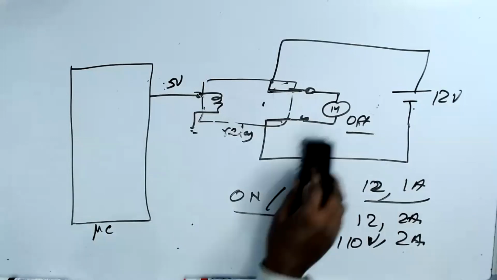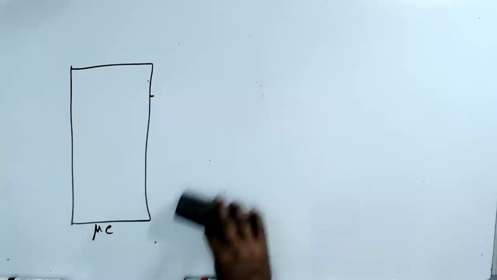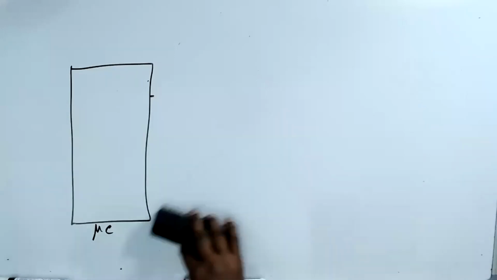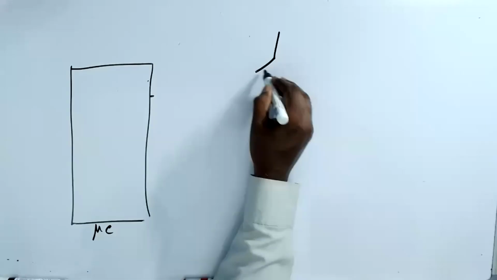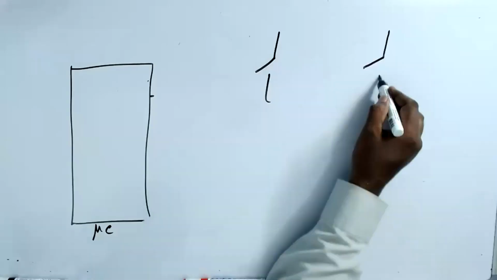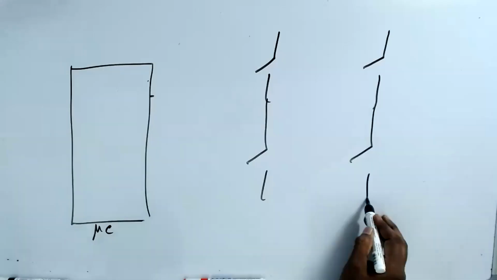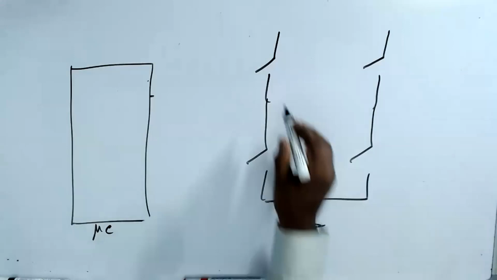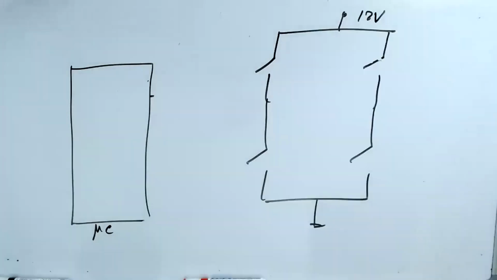Now let us discuss the other one, an H bridge. So I have 4 relays. Now you have 2 outputs.